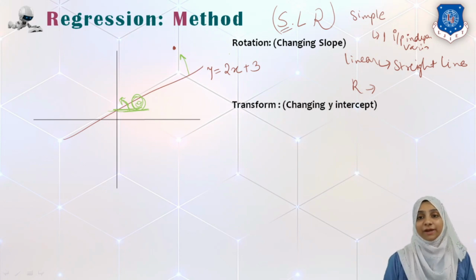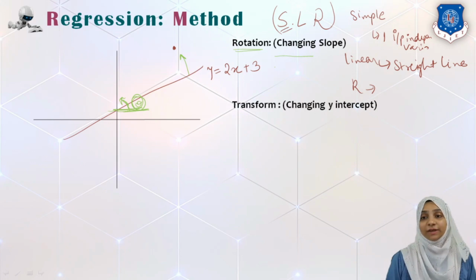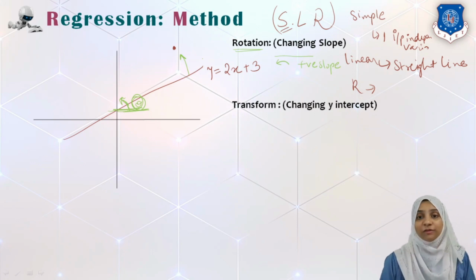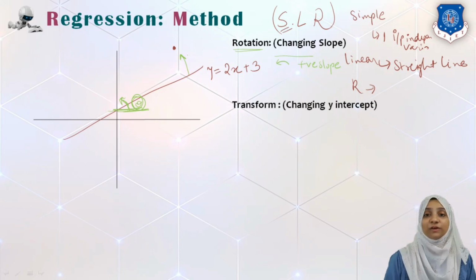While rotating a line, say y is equal to 2x plus 3, we are actually changing its slope, and if it is rotated anti-clockwise, we are increasing its slope.